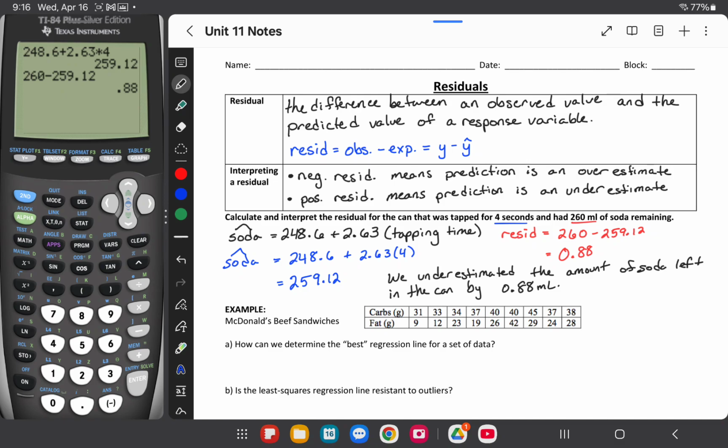So whenever we interpret, we are looking for how far away our expected value was from the actual value from our data set. Let's go ahead and take a look at another example of this in a slightly different context.